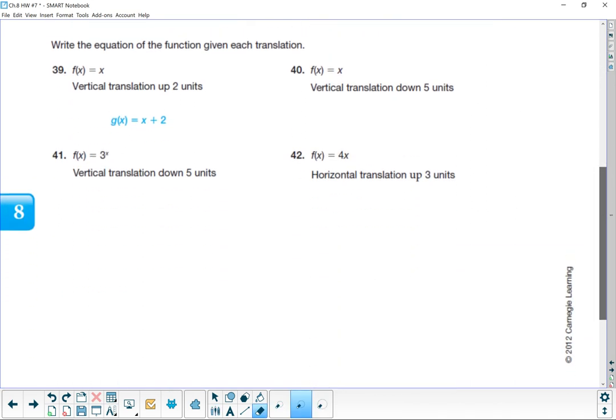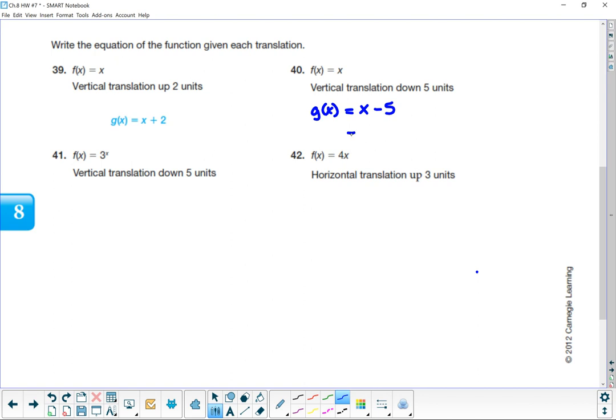Okay. Last 4. So the first one's done for you, 39. Basically, you take that function f of x and you translate it up 2 units. So that means plus 2. Okay, g of x. Vertical translation down 5. So that's going to be the same as f of x, so it'll be just x, but it's going to be minus 5.